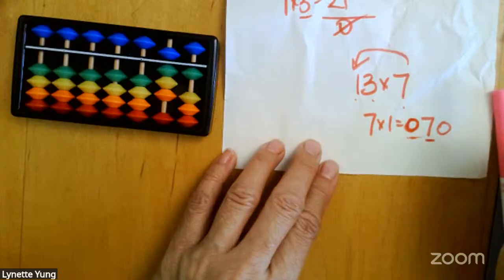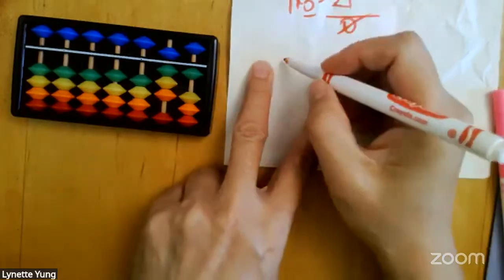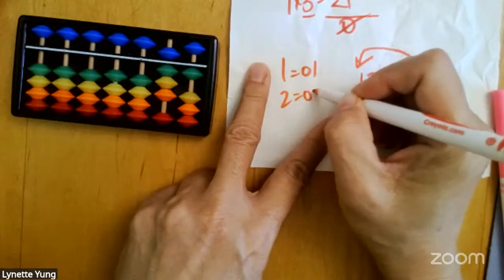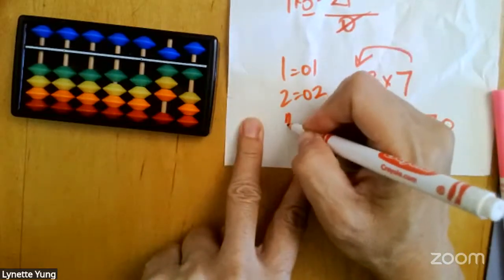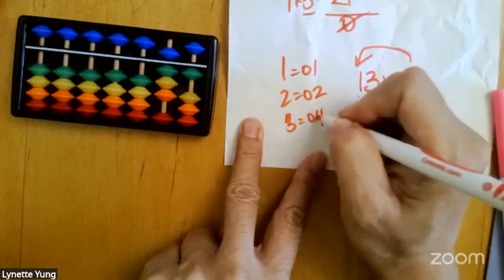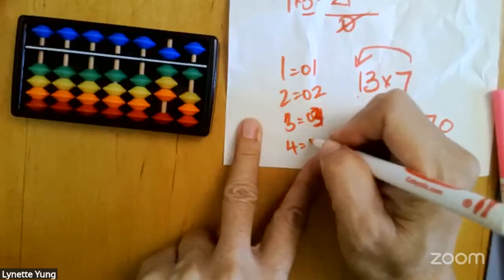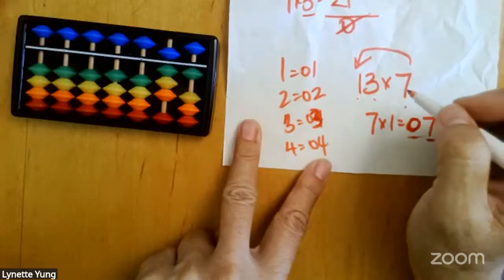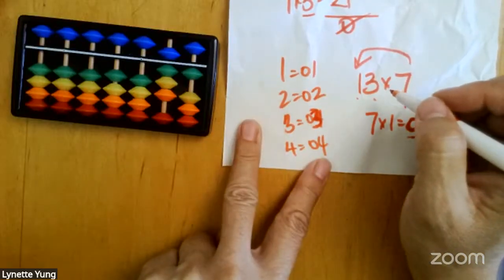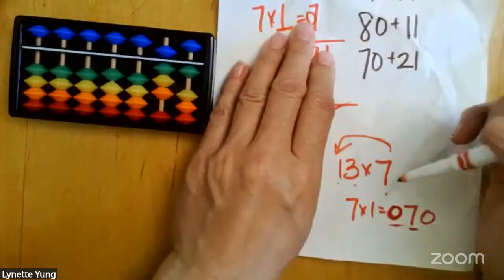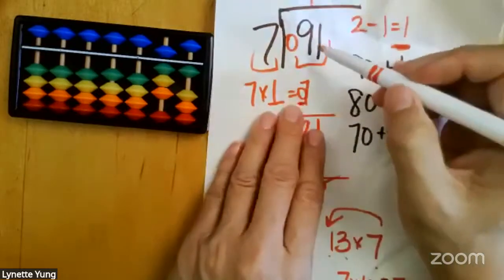So when we do 1, it's not 1, it's 0, 1. 2 is 0, 2. 3 is 0, 3. 4 is 0, 4. I got that part. So if you do it for multiplication, you do it for division.